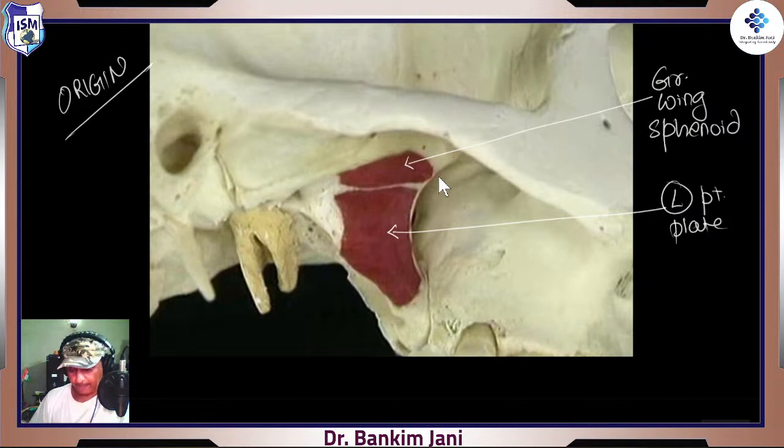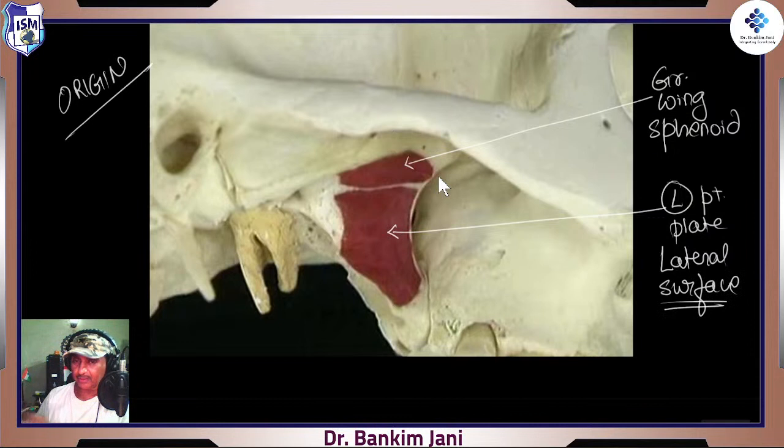But here we need to add something, because plate means it is like this. So there are two surfaces, the outer surface and the inner surface. In this case, we'll write the lateral aspect or lateral surface. It means definitely there will be someone who will be connected on its medial surface. Yes, it will come. So that's how this is the origin.